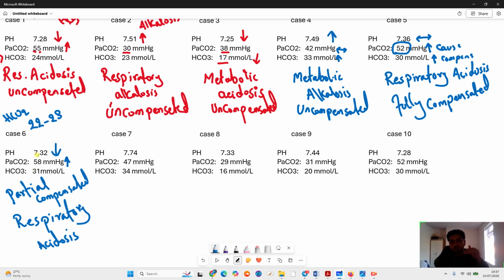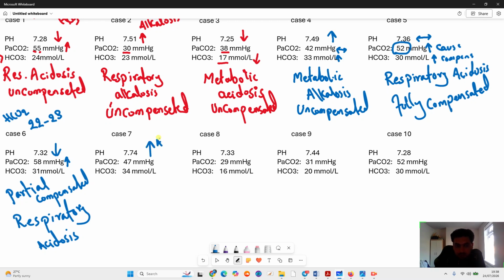If in that condition the pH is going to the normal value, we will say that condition is fully compensated, but no, now here the pH is less. The kidney tried to compensate that, but still they didn't. So it is partial compensated.